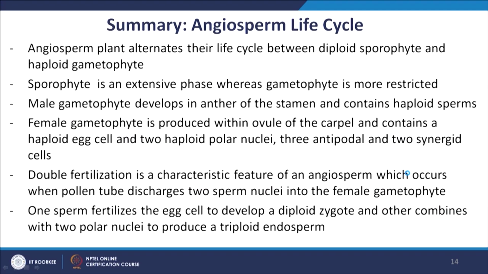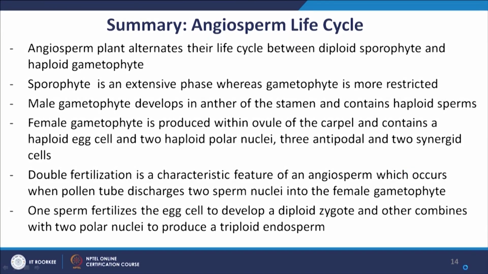So, it is evident that angiosperm plants alternate their life cycle between diploid sporophyte and haploid gametophyte. The sporophyte is an extensive phase, whereas the gametophyte is more restricted. The male gametophyte develops in the anther of the stamens and contains haploid sperms. The female gametophyte is produced within the ovules of the carpel and contains a haploid egg cell, 2 haploid polar nuclei, 3 antipodal and 2 synergid cells.